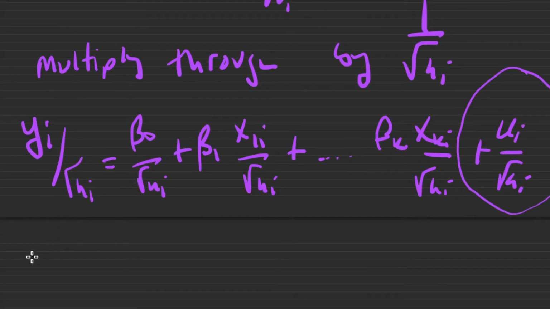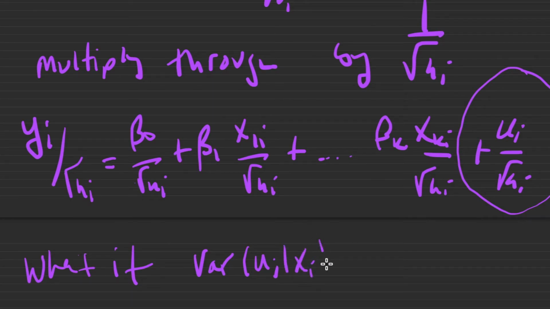But what if the variance of ui given xi is not equal to sigma squared hi? So what if we have weighted by the wrong function? Then this term does not demonstrate homoscedasticity, so we have not fixed the heteroscedasticity problem.